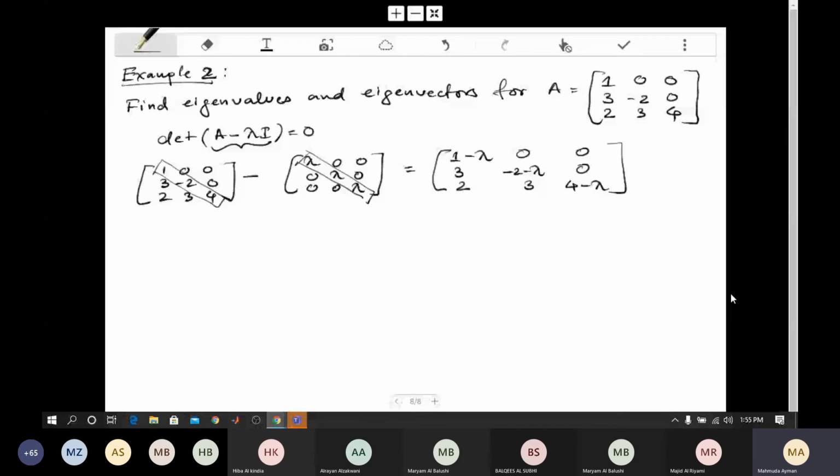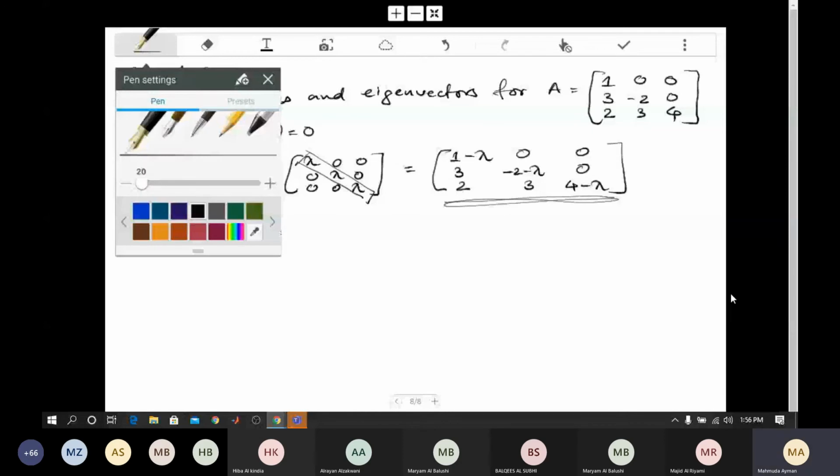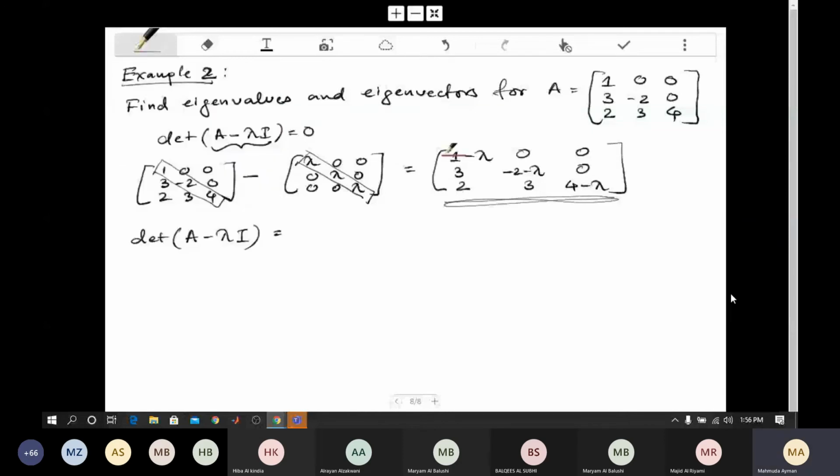Okay, now we have to find the determinant of A minus lambda I, so the determinant of this matrix here. Now I hope you all know how to find the determinant of a 3 by 3 matrix. First, we'll choose our row, so let's choose this one here.